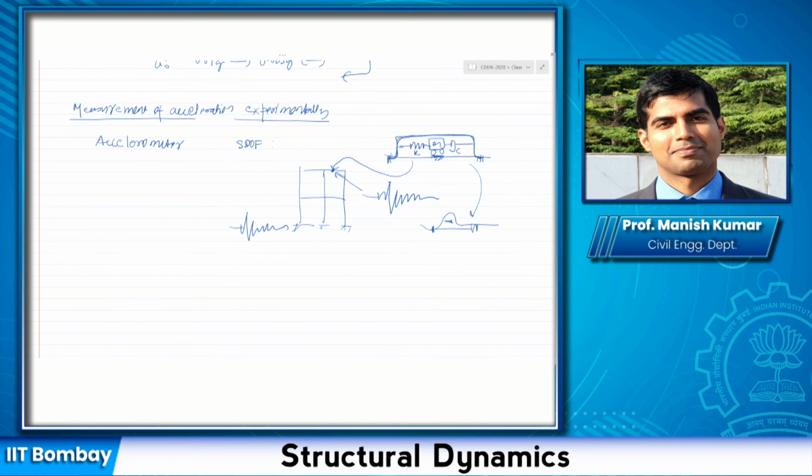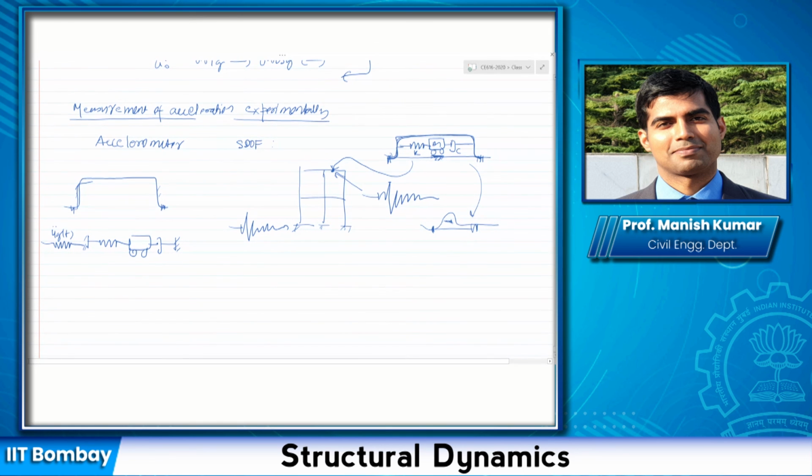Then the problem becomes the same: if it is attached rigidly and these are the rigid supports, it moves with the same acceleration. So basically it becomes a system like this, in which excitation is provided, let us say, by the acceleration ug double dot t.